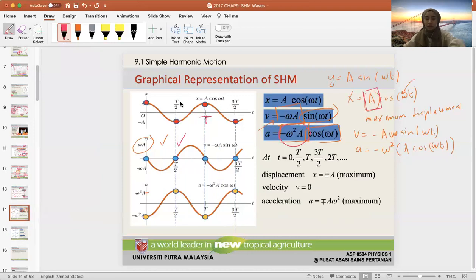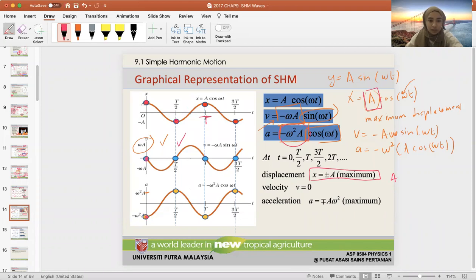Okay. So here the displacement of X is positive A to negative A. Tapi kalau soalan tanya what is the maximum displacement, is just A. Okay, so here at the maximum displacement A, the velocity is 0 and the acceleration is negative A omega squared.